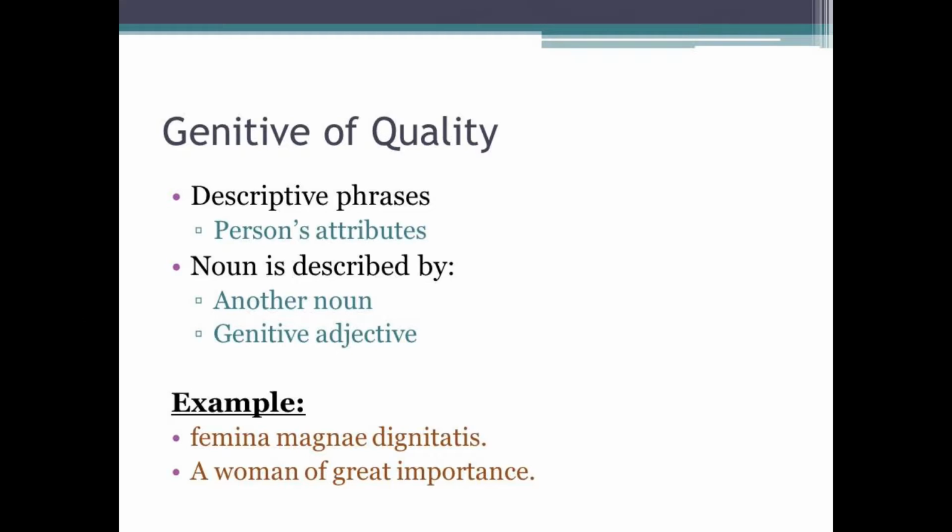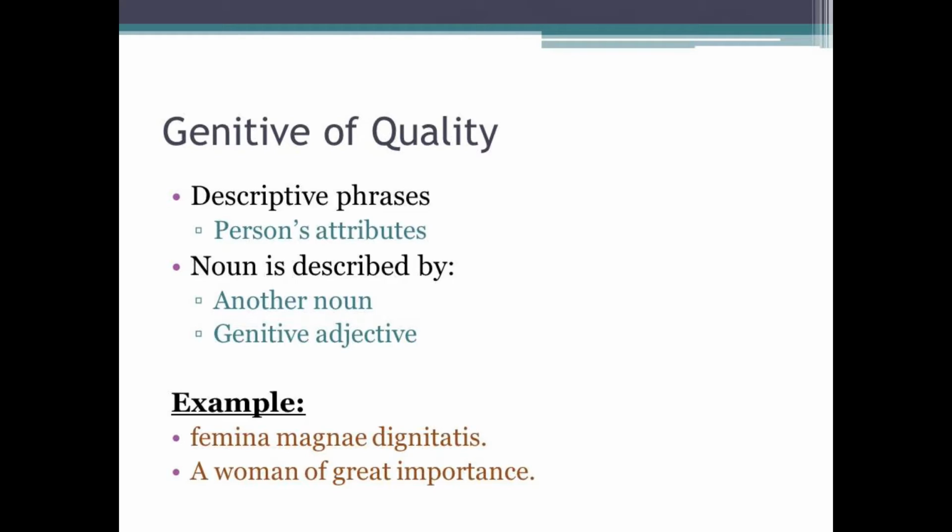So now let's move on and have a look at the other use of the genitive, the genitive of quality. So the genitive is also used for descriptive phrases, referring to a person's attributes. A noun is described by another noun and an adjective in the genitive case, and this makes up a genitive of quality.